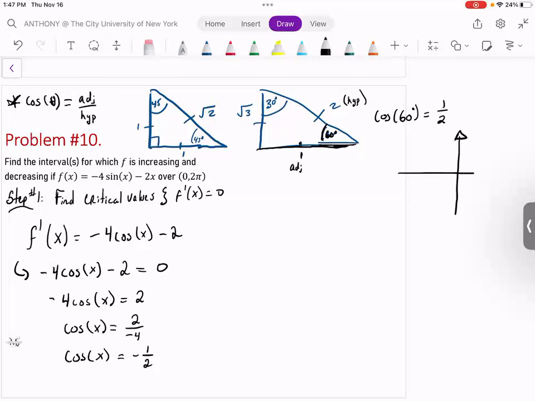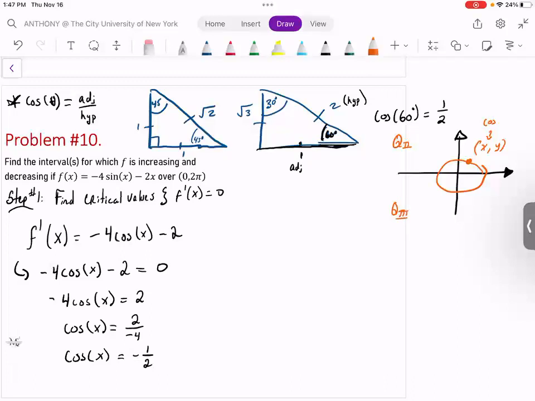So let's say I draw a Cartesian plane here, and let's say I did draw a circle, just to help us out. We know that when I look at any point on the circle, you're going to get an x and y value. The x value is what gives us cosine. So looking at this unit circle, we're looking for the x values that are negative. X values are negative in quadrants 2 and 3.